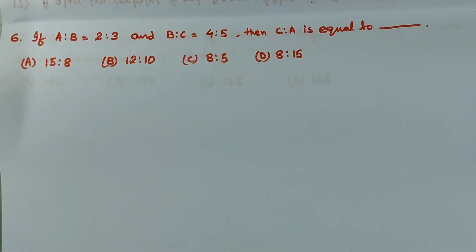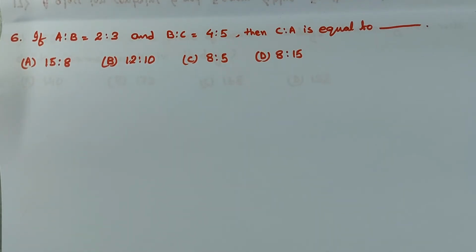This is our next question. If A is to B equals 2 is to 3 and B is to C equals 4 is to 5, then C is to A is equal to dash.